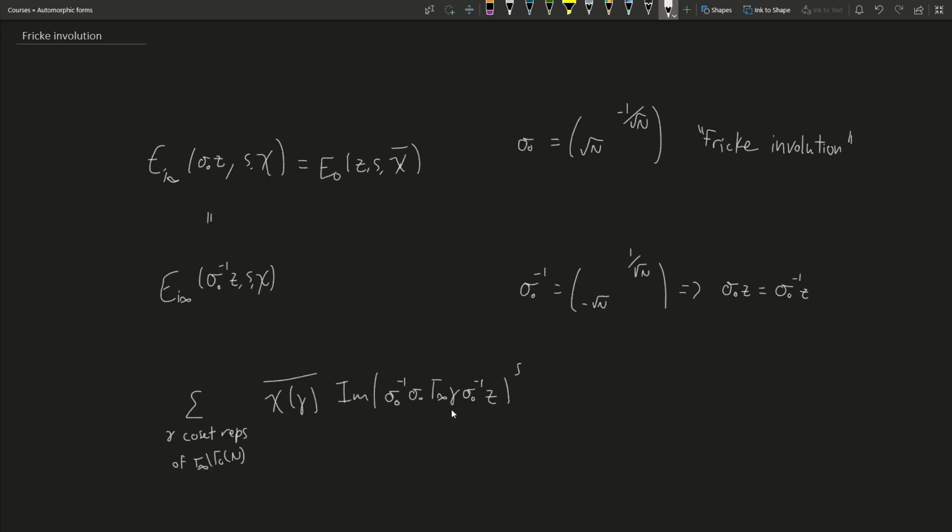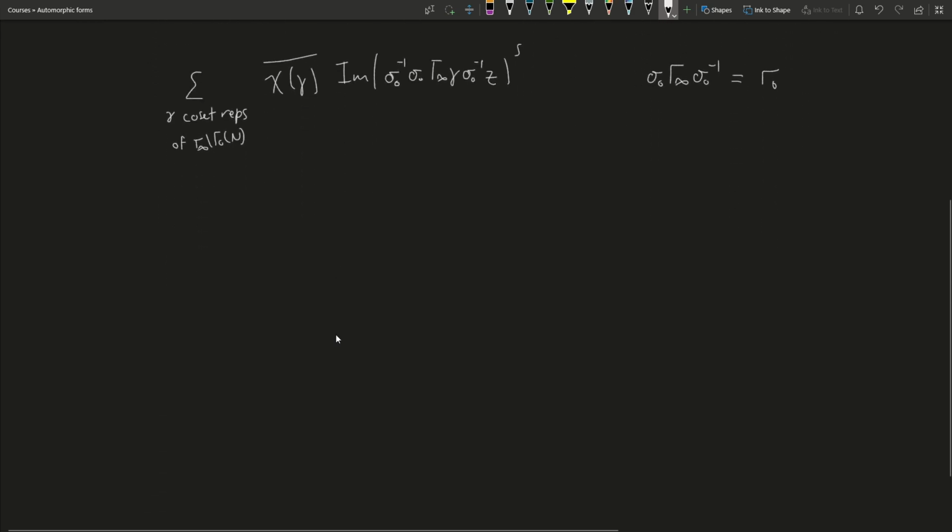And now what is this? What are we looking at? Well, recall that essentially by definition of the scaling matrix, we have that sigma naught gamma inverse sigma naught inverse is the stabilizer of the cusp 0. And so that means that here we have a sum over gamma coset representatives of this quotient.